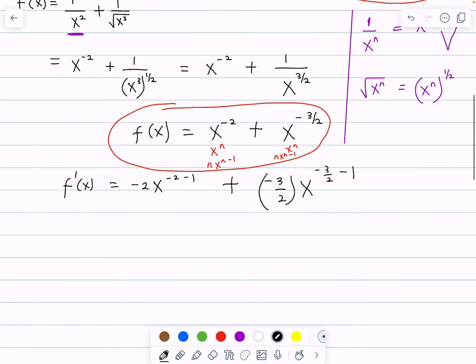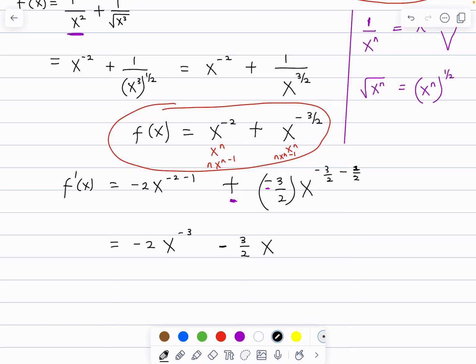Okay, so this is going to be negative 2 x to the power of negative 3. Then I have this positive times this negative, which is just going to be negative, so I have negative 3 over 2 x to the power of negative 3 over 2 minus 1. I can write that negative 1 as negative 2 over 2.